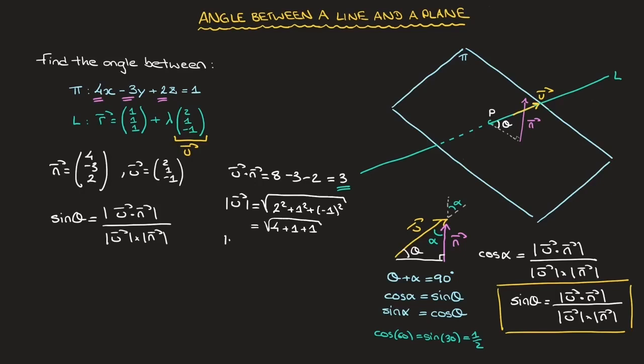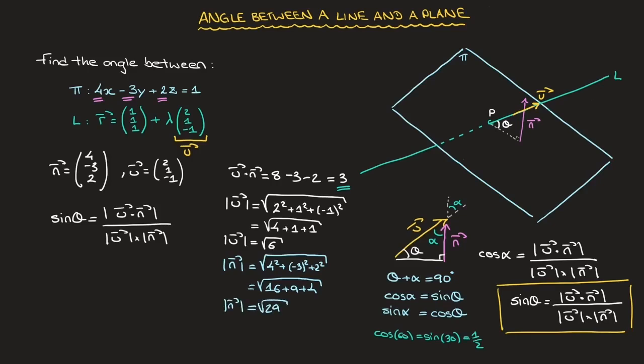And we quickly see that that magnitude is equal to the square root of 6. Next, the magnitude of n, which equals the square root of 4 squared plus negative 3 squared plus 2 squared. So I'll just write that. That's equal to the square root of 16 plus 9 plus 4. And that's equal to the square root of 29.